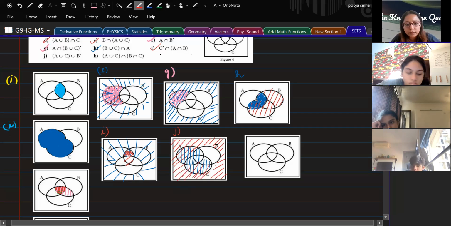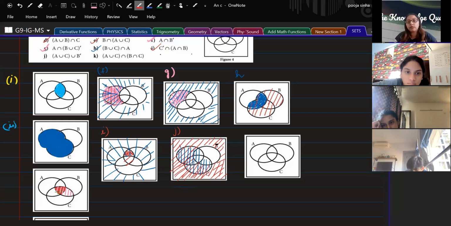Yeah, it's the whole thing. Now it is telling everything which is not a part of B. Now you have to tell what is the union of B complement and A union C.